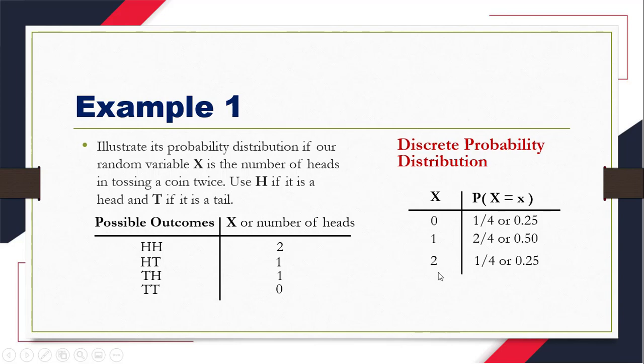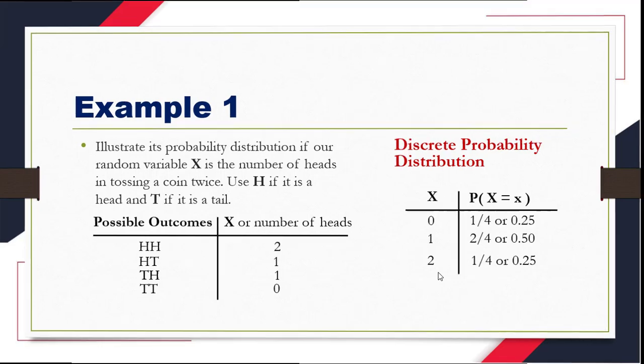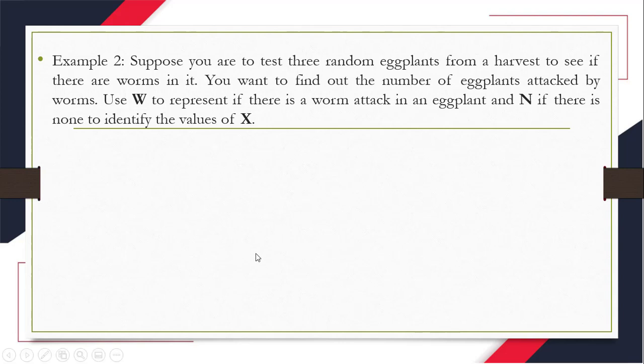To master this process, let us have another example. Suppose you are to test 3 random eggplants from a harvest to see if there are worms in them. You want to find out the number of eggplants attacked by worms.